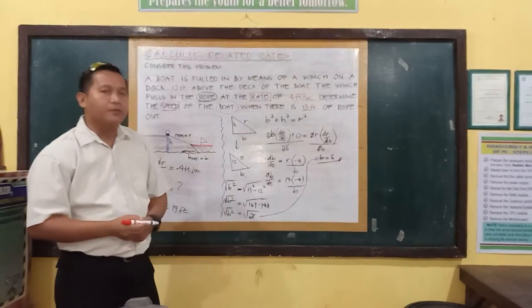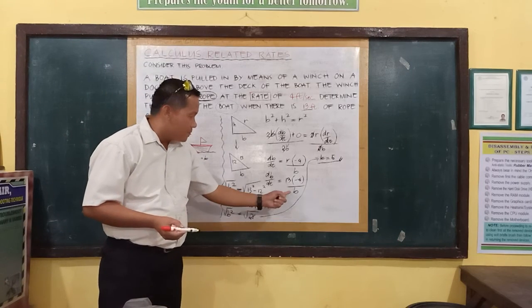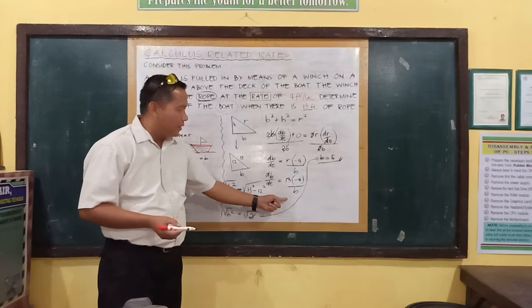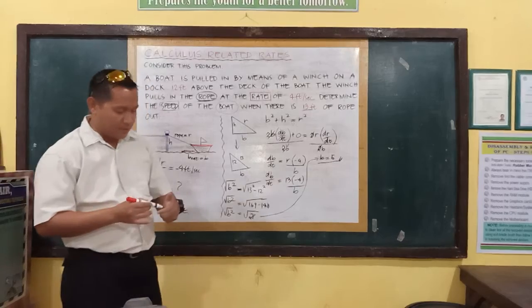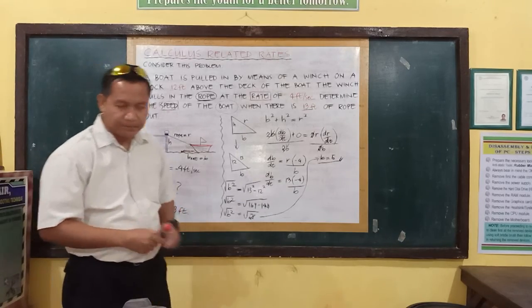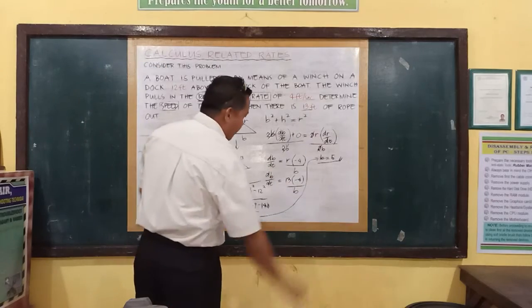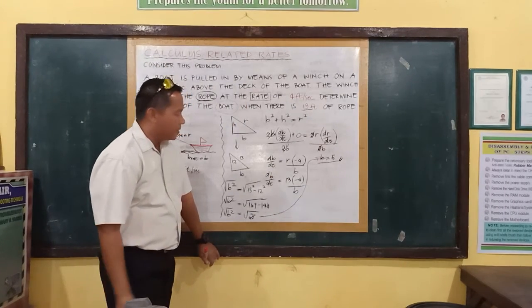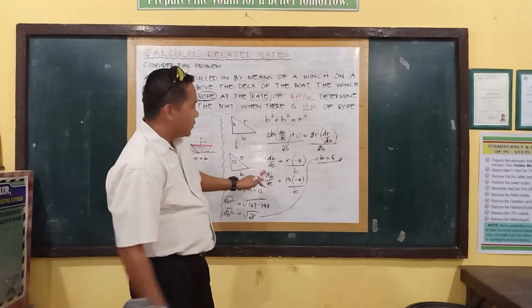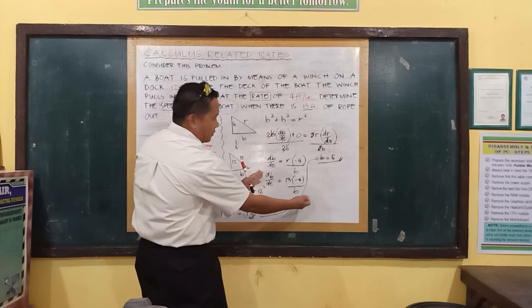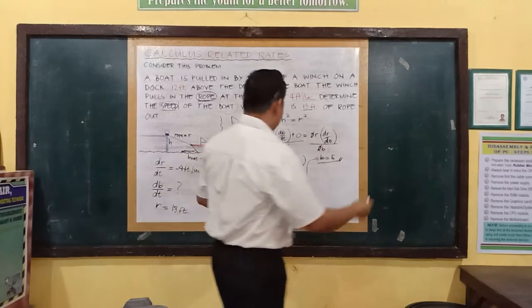Now, since we have already the value of variable B, I guess we can proceed to the process now. But here, I'm going to use the other side of the board to continue the process. So we are going to write this one here.